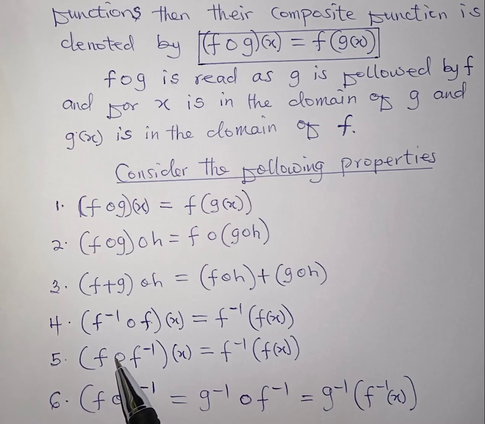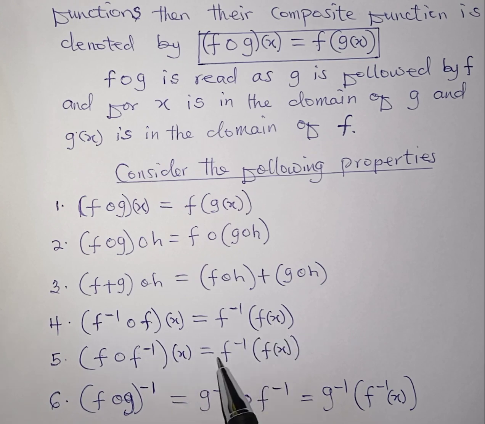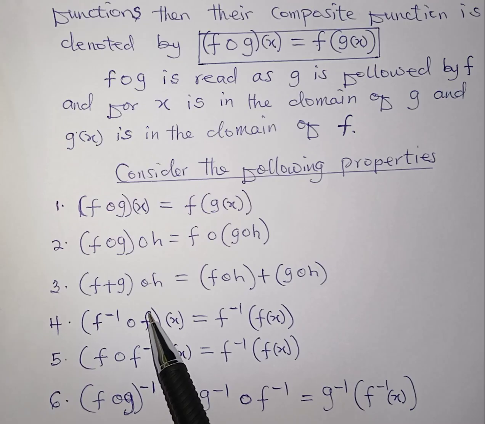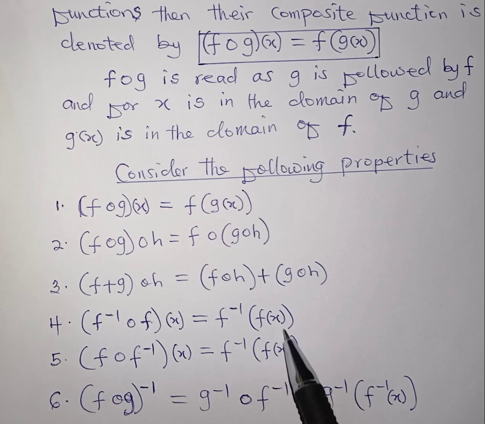So someone will say that if this one is written in this form, why is this one also given the same? Yes, because we are dealing with the same function. This is a function and its inverse. So they are not different. That is why at the end of the day, if you do it this way or this way, you are going to get the same thing.